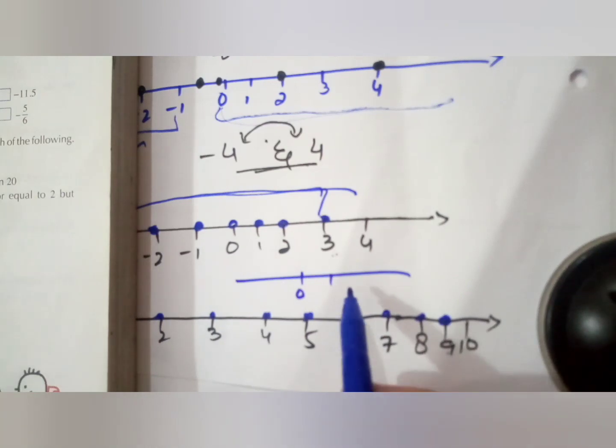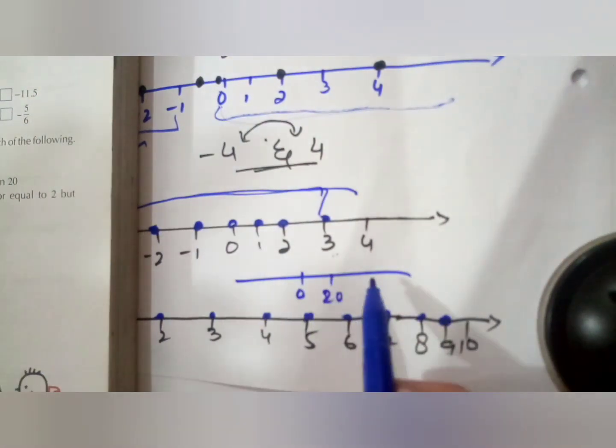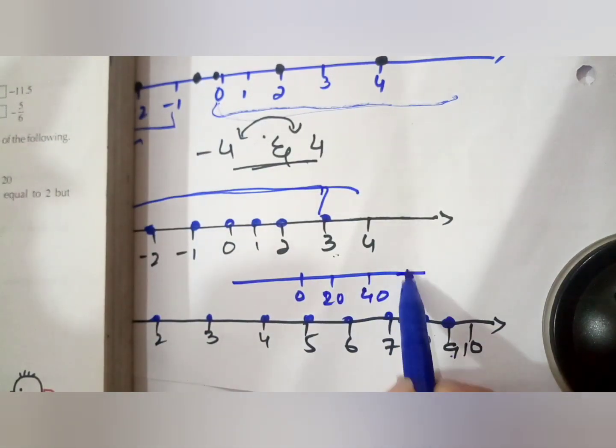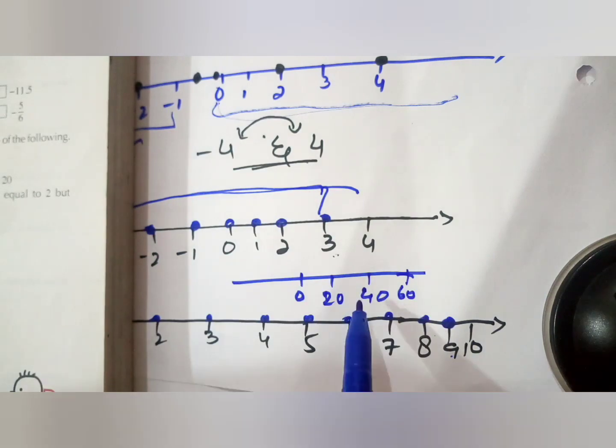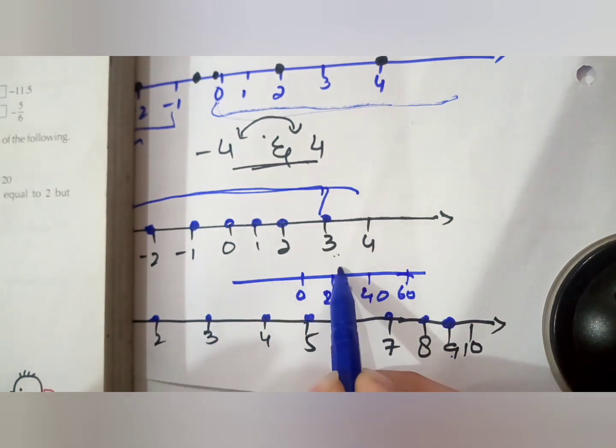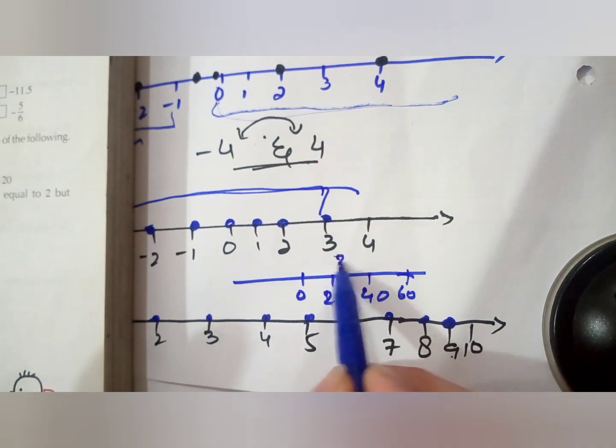Then don't need to put the next one, 20. If your terms are moving towards 230, also take the difference of 40, 40, 40, 60, and just indicate your numbers. Suppose your number is 23, so 23 definitely comes between 20 and 40, nearest to 20, so indicate that number 23.